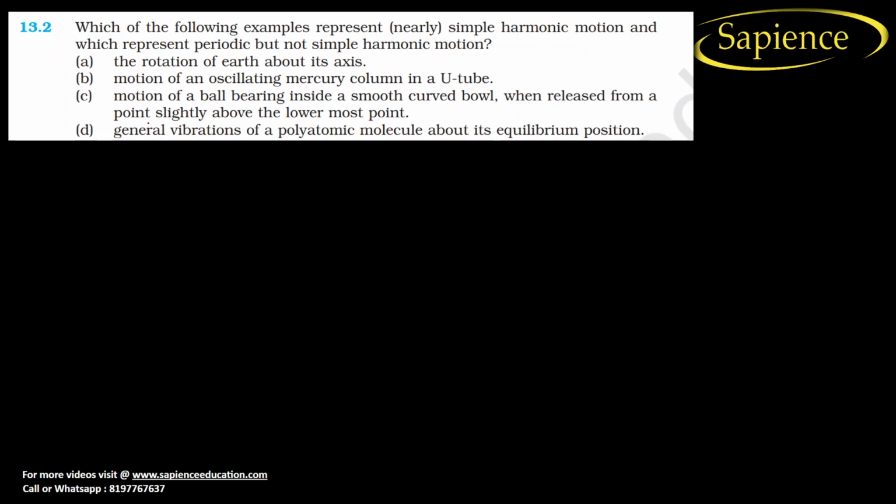Now let us solve question number 13.2. Which of the following examples represent nearly simple harmonic motion and which represent periodic but not S.H.M? In simple harmonic motion, you should always know the condition for S.H.M: force is directly proportional to displacement but in the negative direction.